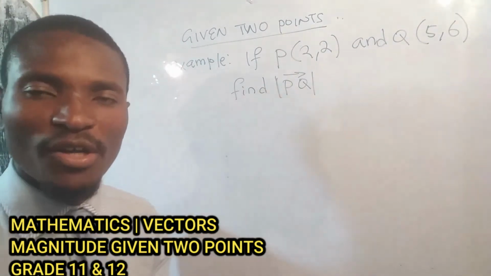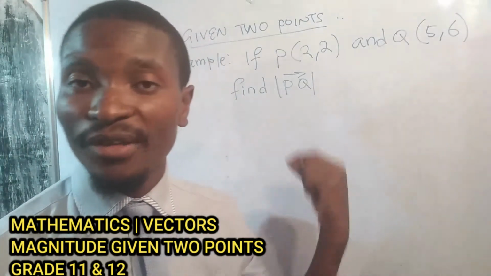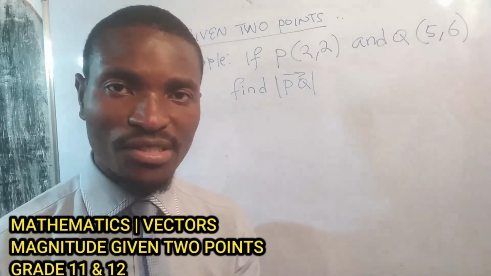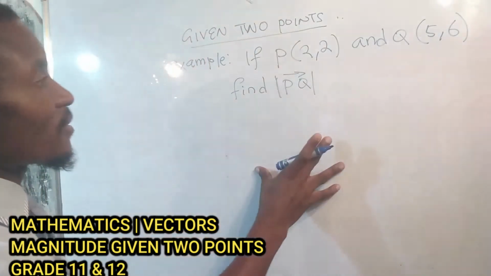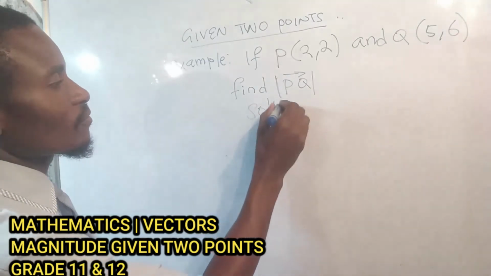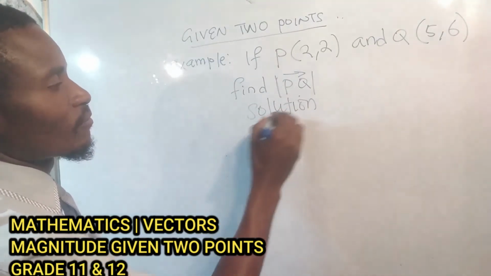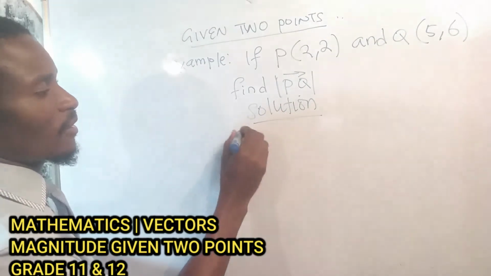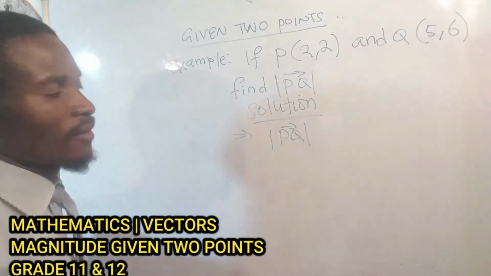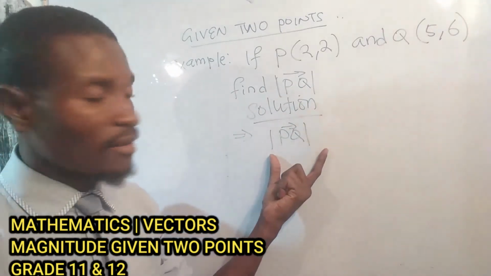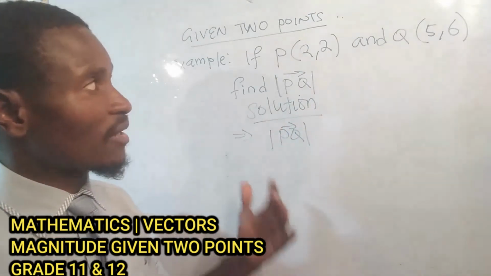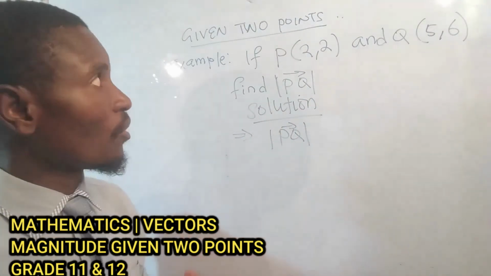The formula we are going to use is just an extension of the previous formula that we saw when you were given just one pair. So what you do is you write PQ between the parallel lines, which are referred to as the modulus symbol.